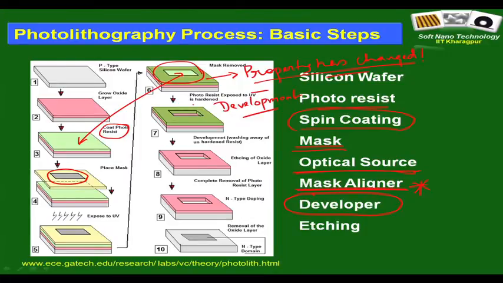That is, in simple terms, let us assume that it has been rinsed with the developer solution for some time, and you see that the area which was not exposed to UV light, where the original property of the photoresist is retained, is washed away.